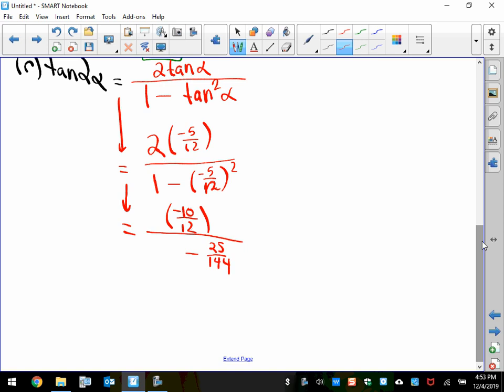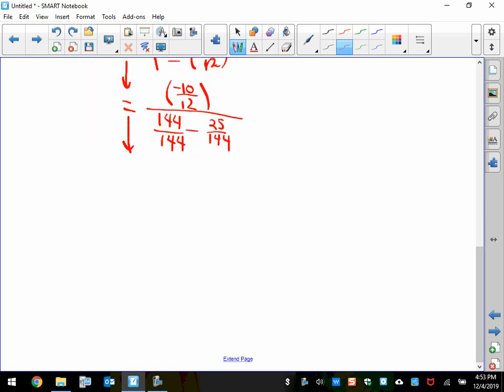The 1 is just 144 over 144. And let's carry this down. Negative 10 over 12 reduces to minus 5 over 6. 144 minus 25, we just did that one. It's 119 over 144. And then let's flip and multiply our fractions here.